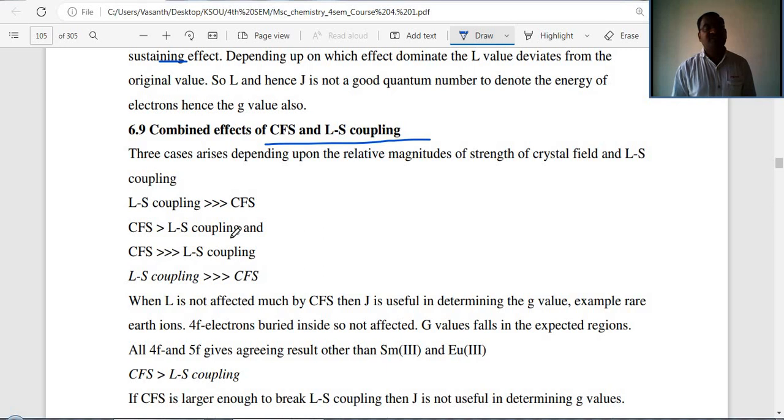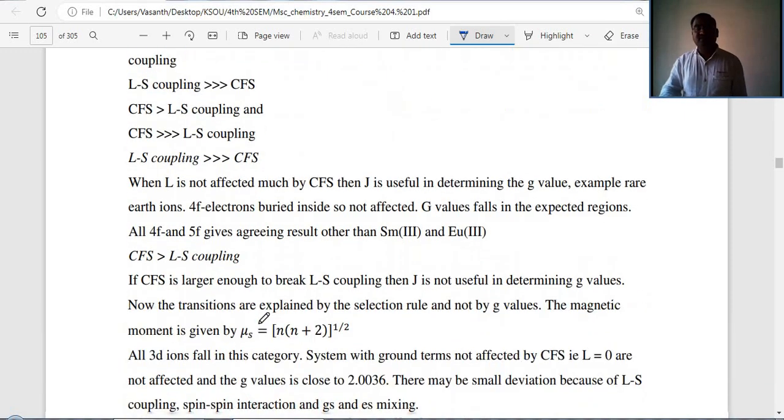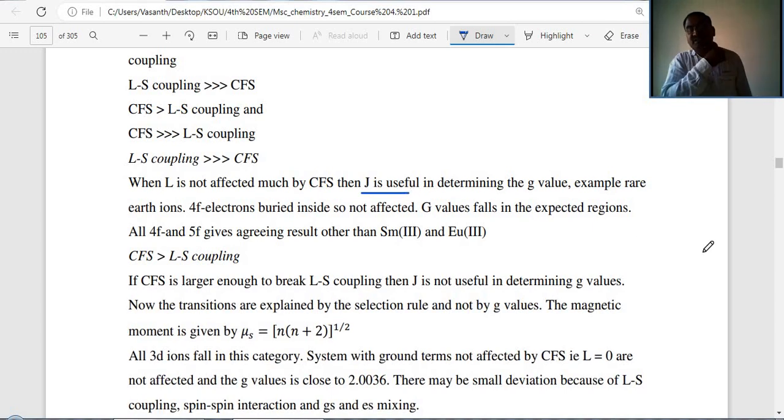And CFS is very, very much less than LS. When LS coupling is greater than CFS, L is not affected much by CFS, so J is useful in determining the g value.